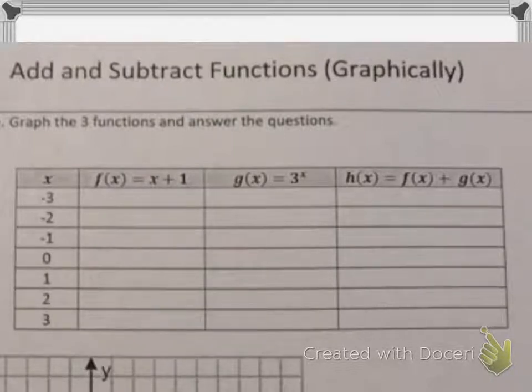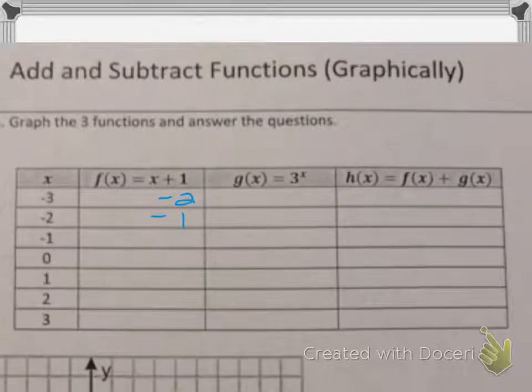But all right, the first thing we're going to do is substitute these numbers into the f of x function. So we're going to put -3 in place of x. So it will be -3 plus 1. -3 plus 1 equals -2. So my answer on this one is going to be -2. Then I'm going to put -2 in, so I'll have -2 plus 1. -2 plus 1 is -1 for my answer there.